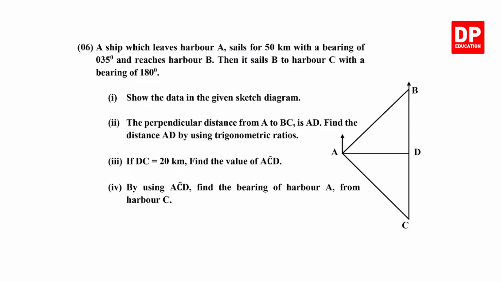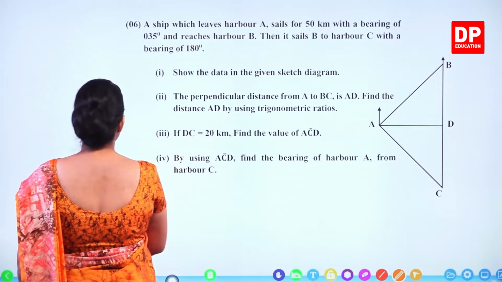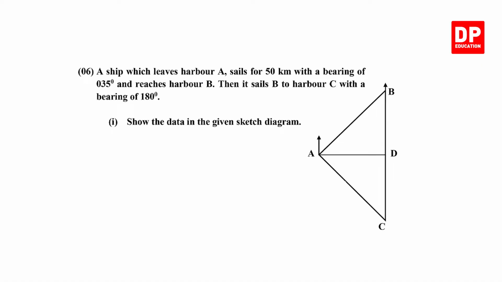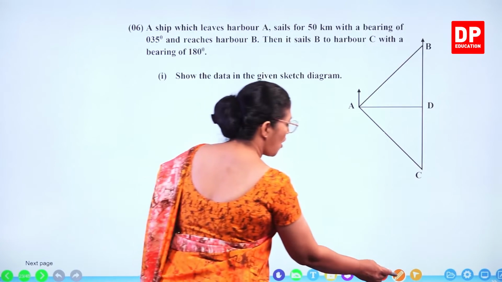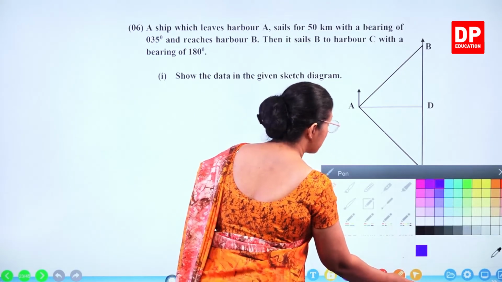Let's do question number 6. It's about trigonometry. A ship leaves harbour A and travels 50 kilometers with a bearing of 35 degrees. So how do you first mark this information?